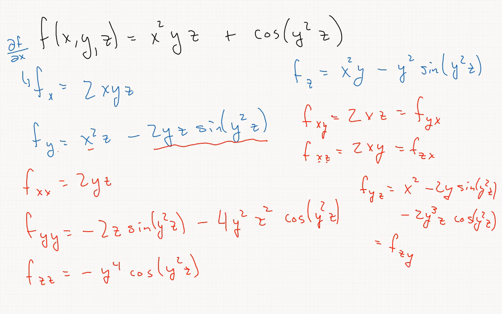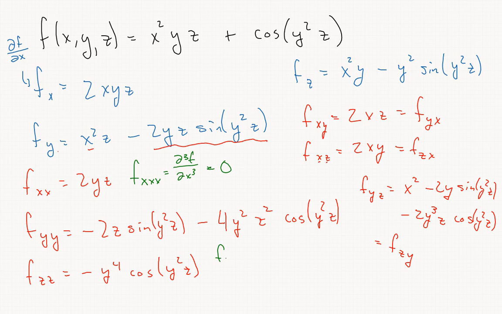And then just by way of illustration, we could keep on going. So we could do, let's say, fxxx, or del cubed f over del x cubed. This we can see as 0.